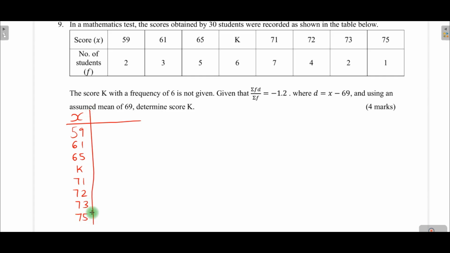And then we have the frequency f: 2, 3, 5, 6, 7, 4, 2, 1.